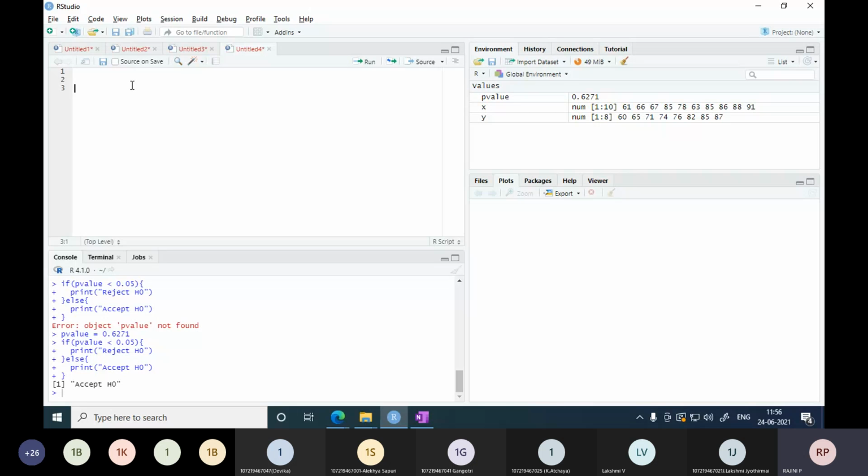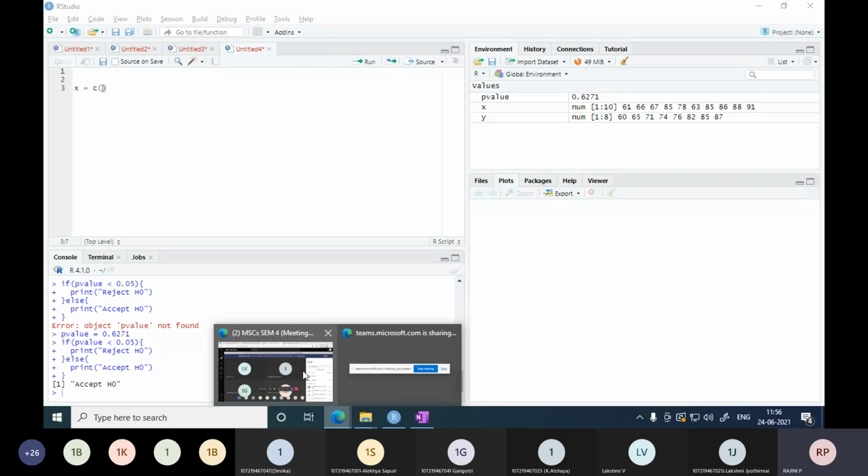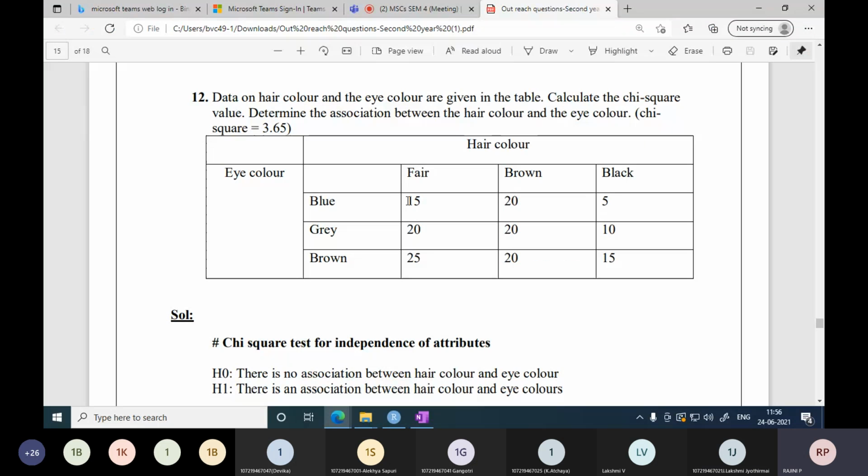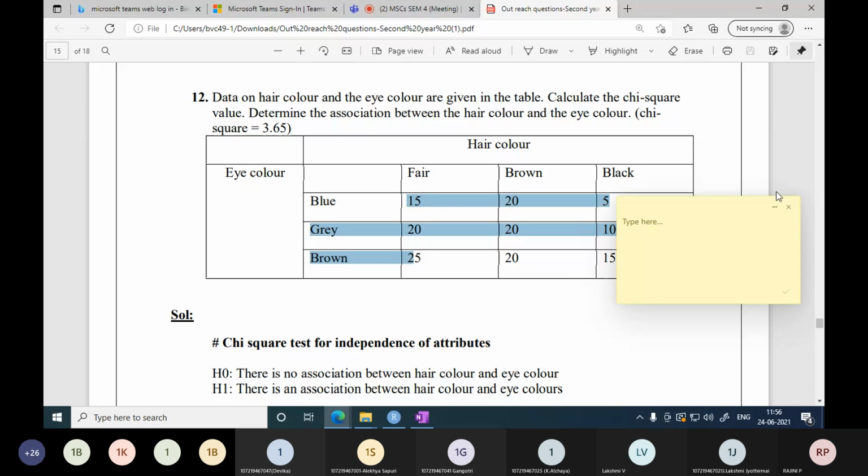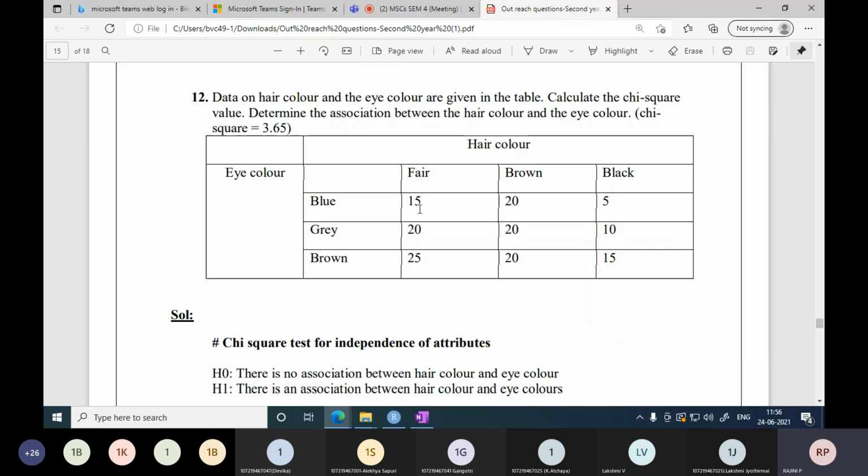So first enter the data. X is equal to c, open the bracket. How to take the data, column wise or row wise? Column wise. Yes, take the data column wise. So just check it here: 15, 20, 25. Enter the values.